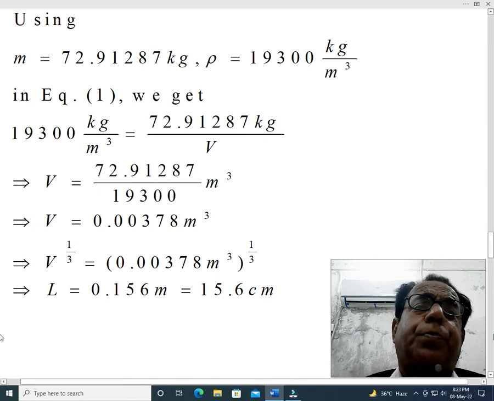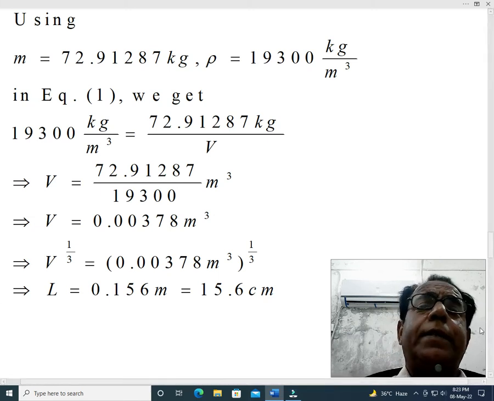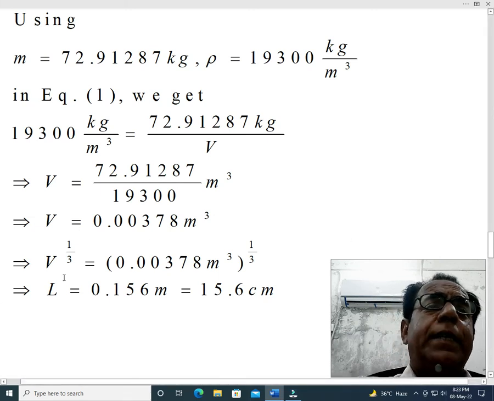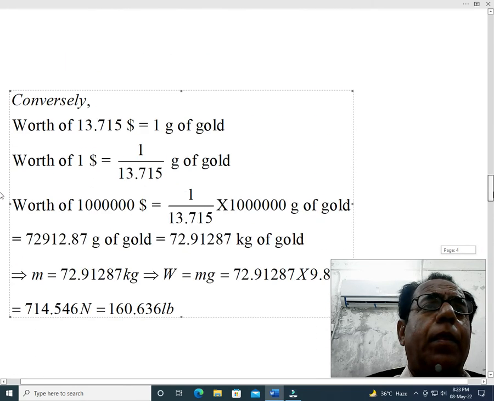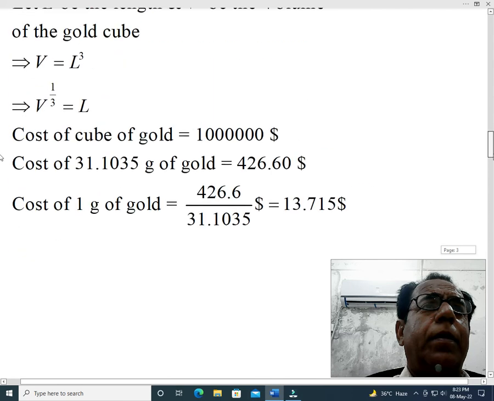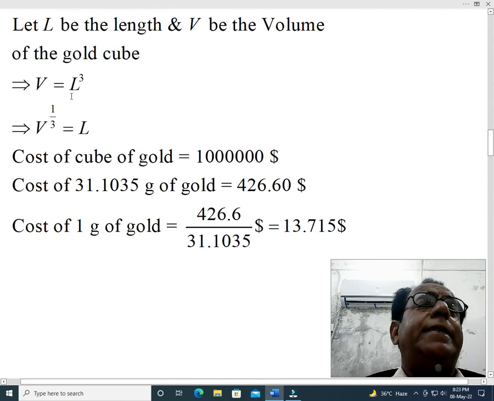Now dear students, I show where this expression occurs. Here is that expression.